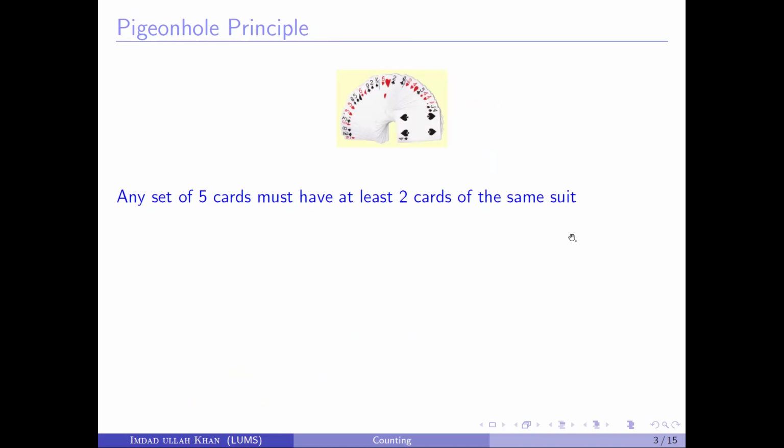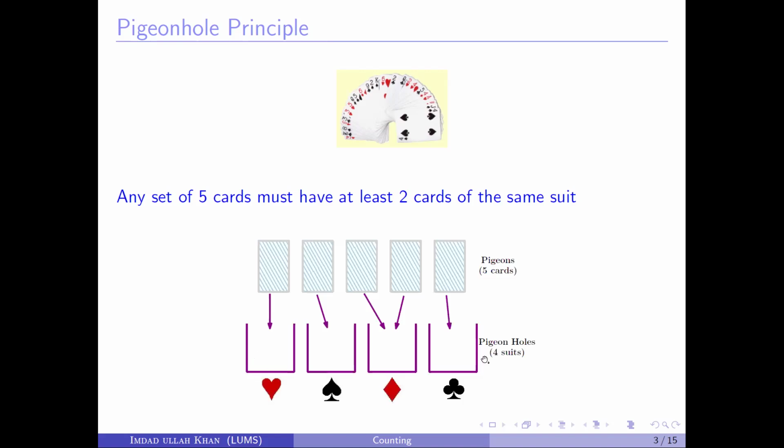So if we have to choose 5 cards, then at least 2 cards will be drawn from the same suit. Why? Because there are 4 pigeonholes, or 4 types of cards, and the individual cards which we have picked are more than 4. So at least one pigeonhole should contain more than 1 pigeon, or card in our context.